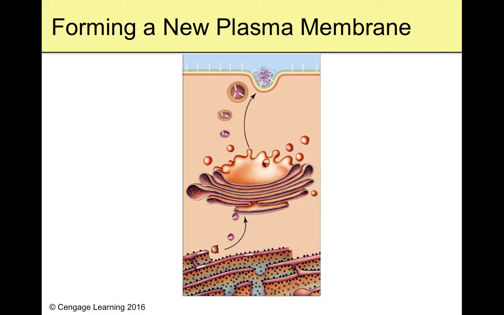So here's how you form a new plasma membrane. You get products made in the rough ER with a few proteins. These vesicles move into the Golgi. The Golgi processes them, releases these vesicles out. The little beginnings of proteins are now the fully functional quaternary form of the protein.